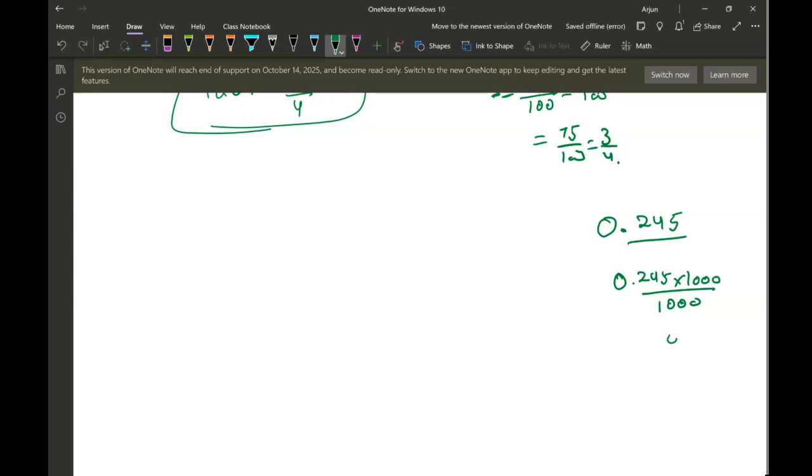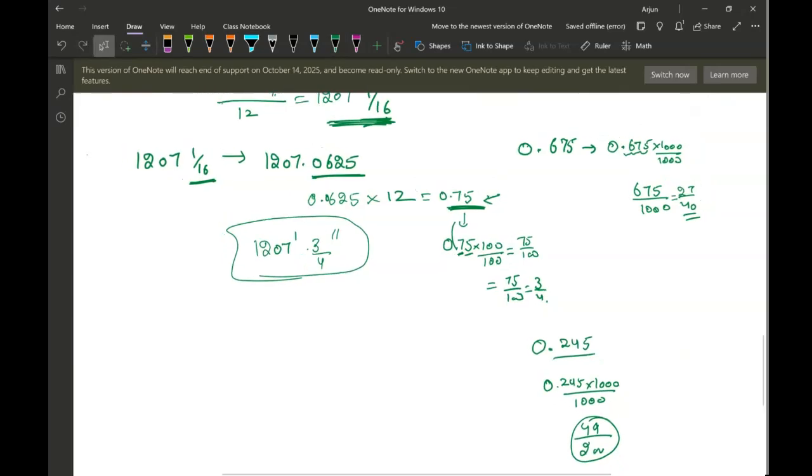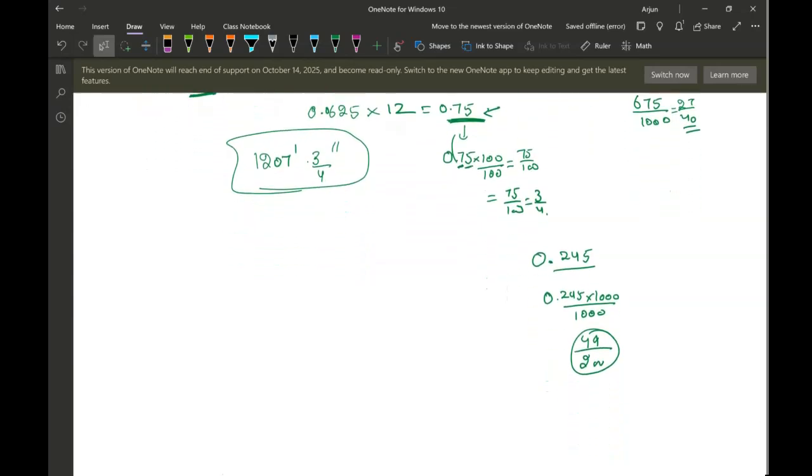It will convert it into the fraction 49/200. So that's how you can convert a decimal portion into a fractional format also. All right, so hopefully you were able to understand this part. And now let me see some of the other questions also.